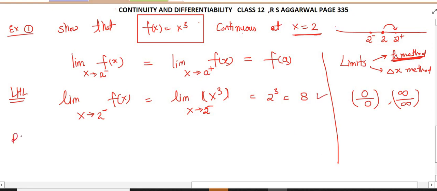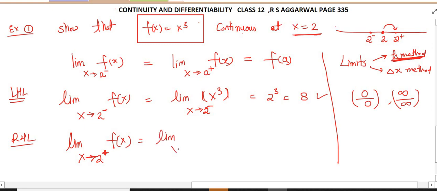Fine. Right hand limit is limit x tending to 2 plus of f(x). 2 plus is just a representation that x is tending towards 2, but it is a tiny bit more than 2.